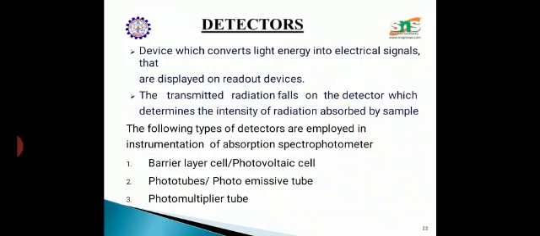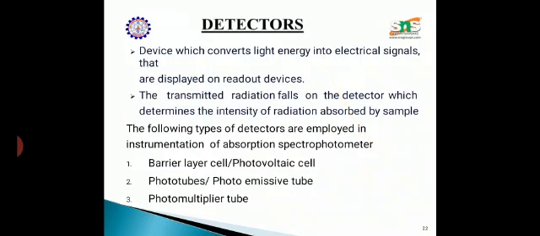Then detectors. Detectors detect the light which is emitted out of the sample, and it's converted into electrical signals, which are recorded. The detector may be of several types, and depending upon the requirement we can use them.